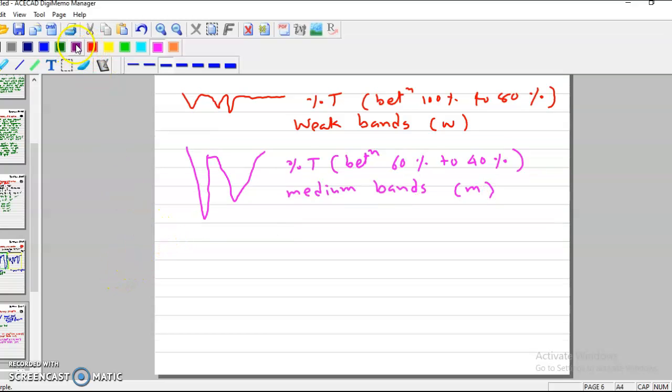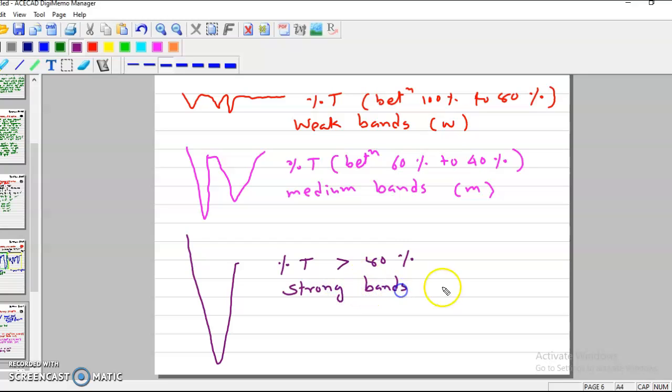Next could be this type of huge bands, where percentage transmittance would be greater than 80%. And they are called strong bands.